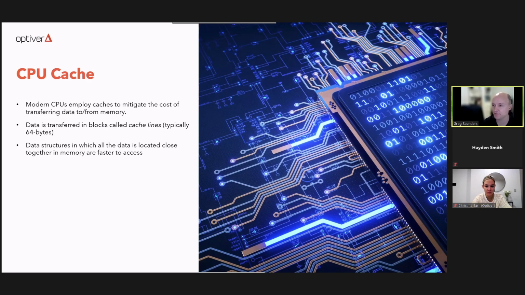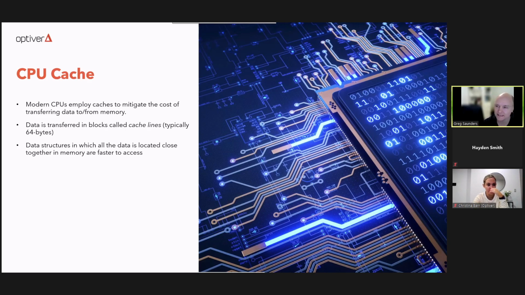And so what that means is if you look up, say, a 4-byte value, it's actually fetching 64 bytes from memory into the cache. So it's including a number of bytes either before or after or both the 4 bytes that you're really interested in.